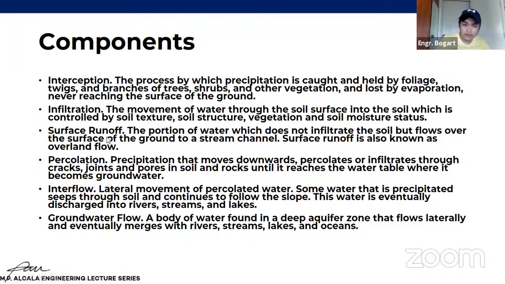Infiltration, surface runoff, ito yung discharge sa river, weathering, surface runoff, or floods. Okay? Pag water is hindi na ma-consume. Okay? Or na-trap na, inundated. So, percolation, interflow, and groundwater flow basically can be summarized as groundwater flow.